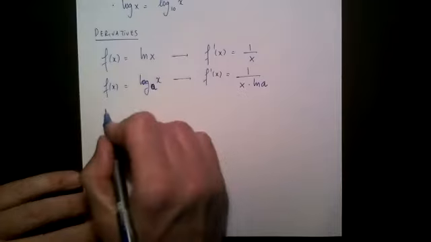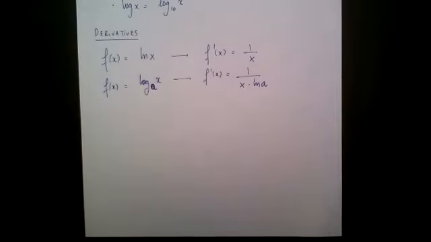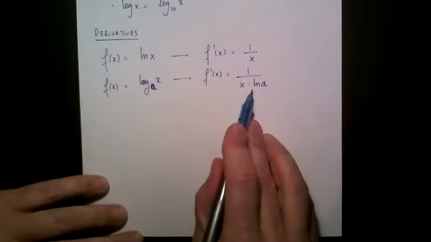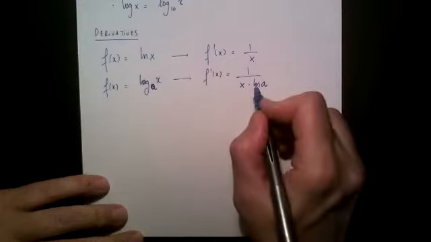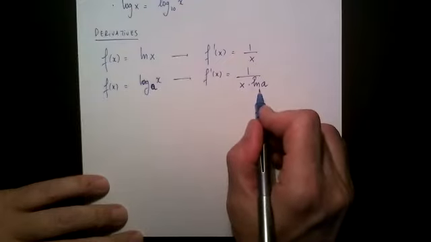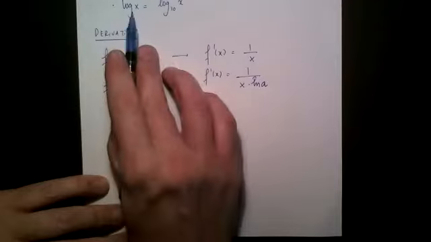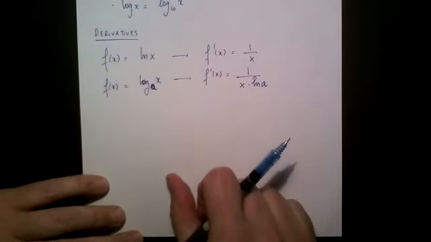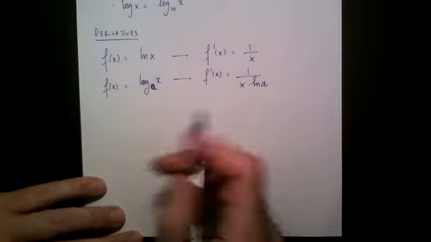Sir, why isn't it 1 over x log of a? Why is it ln? Why isn't it log, like in base 10, like here? Okay, I'll show you. We're going to have to prove it.